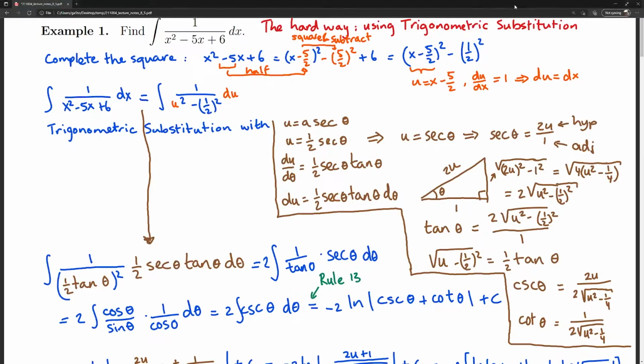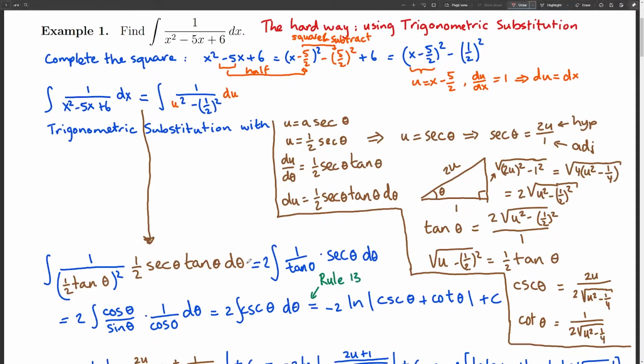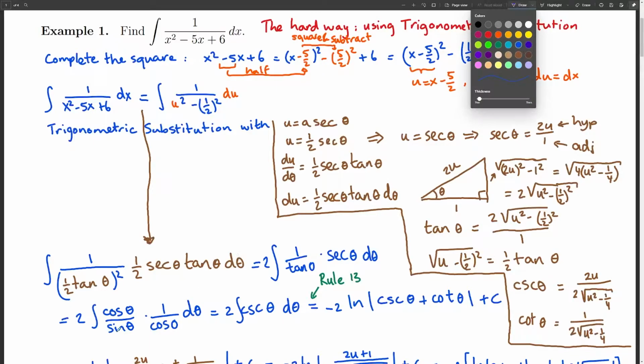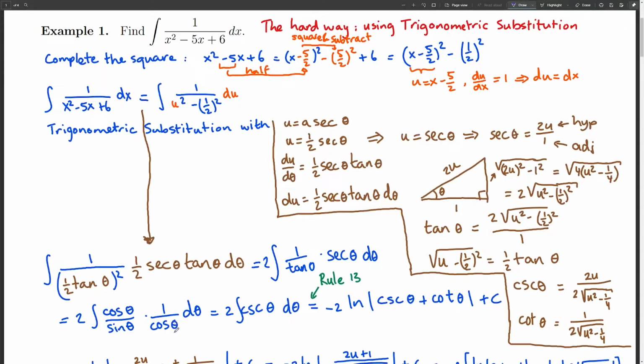And then we could use rule 13 to simplify that integral to negative 2 ln of the absolute value of cosecant theta plus cotangent theta plus a constant c.